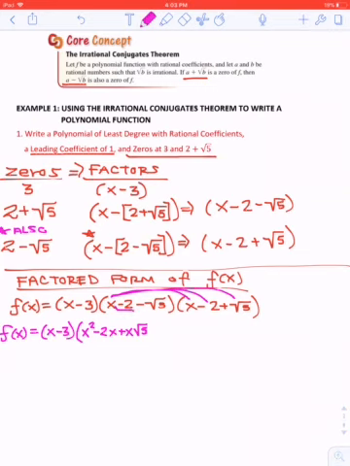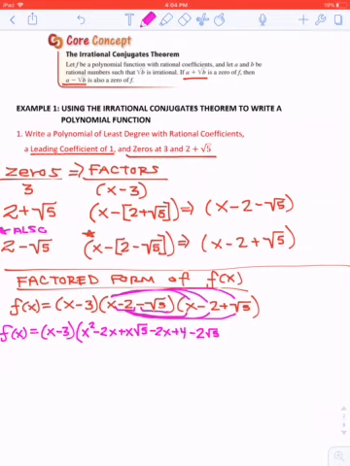I'm going to take that negative 2 now times x, so negative 2x, negative 2 times negative 2, plus 4, negative 2 times root 5, so minus 2 root 5. Right?